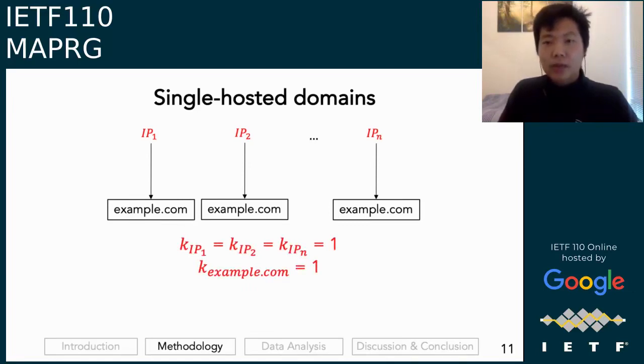Then the co-hosting degree of example.com and all of its associated IP addresses is 1. We refer to this hosting scenario as privacy detrimental. This is because from an adversary's point of view, only seeing connections to this IP address alone is enough to infer which domain is being visited.